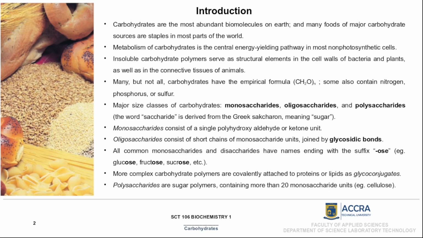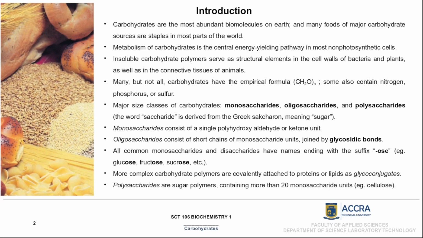Oligosaccharides consist of short chains of monosaccharide units or residues joined by characteristic linkages called glycosidic bonds, which we shall see later. The most abundant are the disaccharides with 2 monosaccharide units. Typical is sucrose or cane sugar, which consists of the 6-carbon sugars, glucose and fructose.